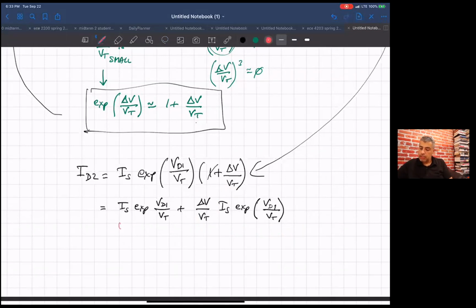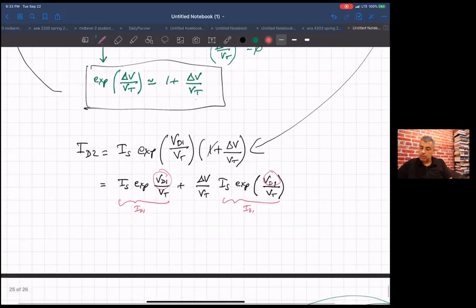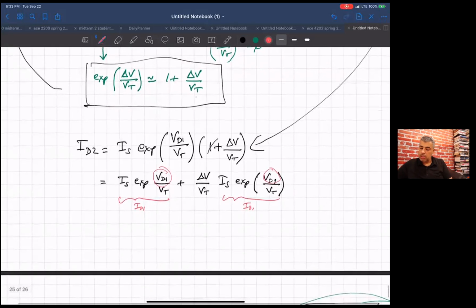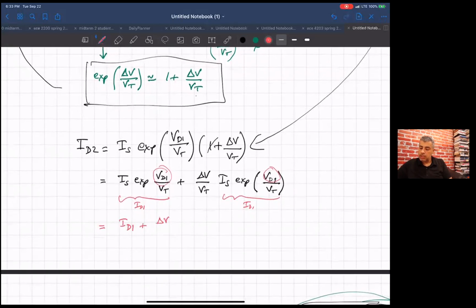This is I_D1 because this is V_D1, and this is also I_D1. So this is equal to I_D1 plus delta V over V_T times I_D1.